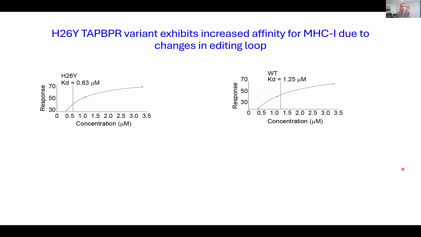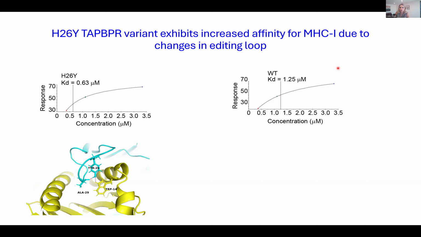So now turning back to the H26Y TAPBPR variant, we used SPR to look at the affinity of this variant for MHC class 1, and we found that it had higher affinity for class 1 compared to wild-type TAPBPR. So to explain why this H26Y variant has higher affinity for class 1, we've turned to molecular dynamic simulation just recently to explore this.